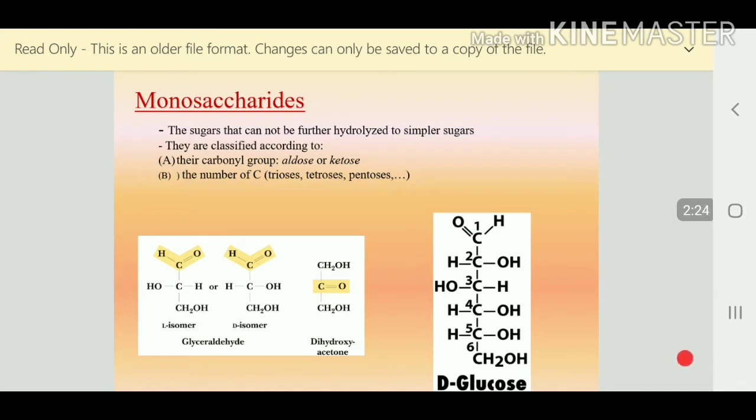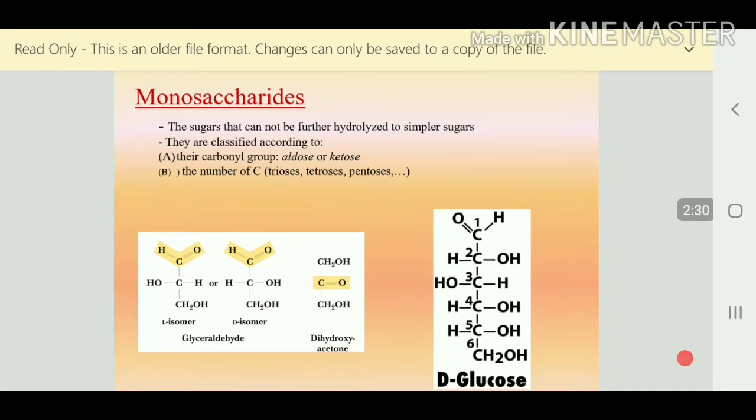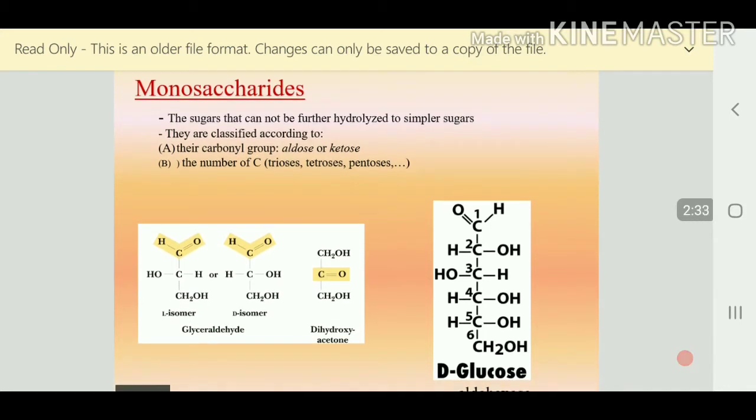Here the structure of glyceraldehyde is shown, which is a 3 carbon sugar, and also dihydroxyacetone. So glyceraldehyde is an aldo sugar and dihydroxyacetone is a keto sugar.